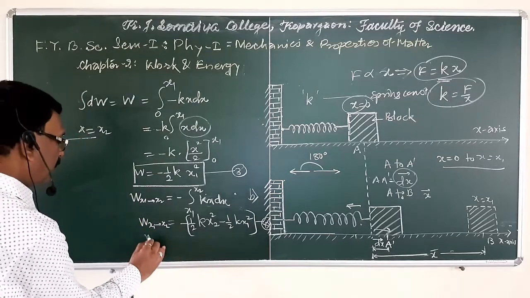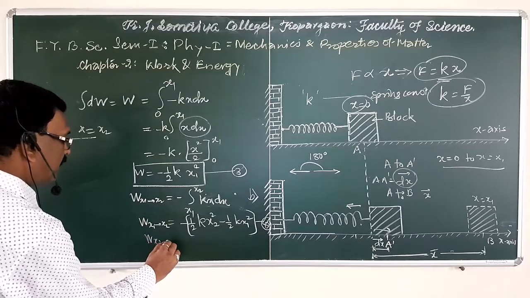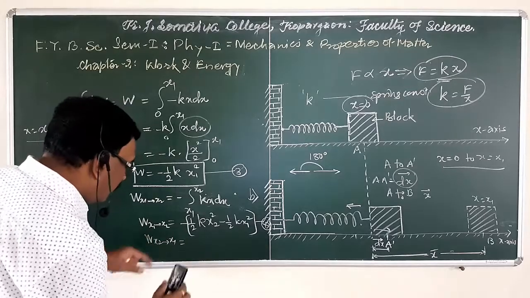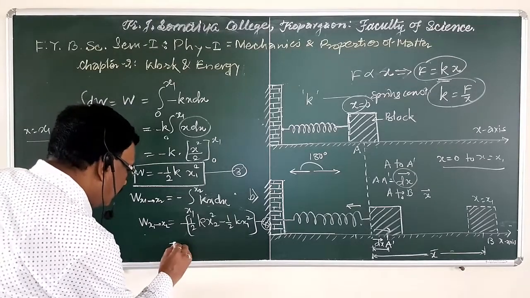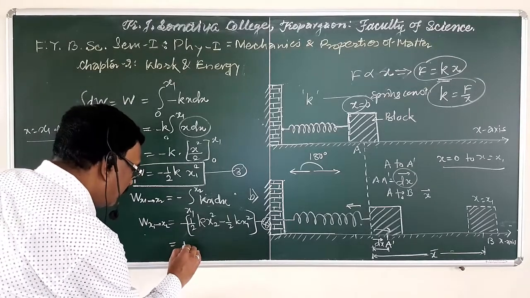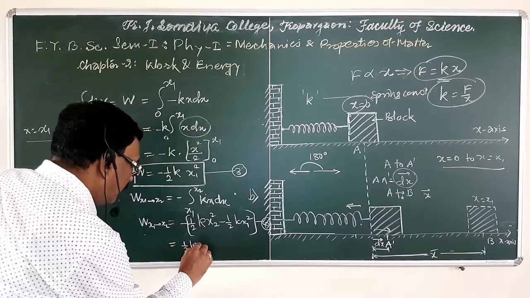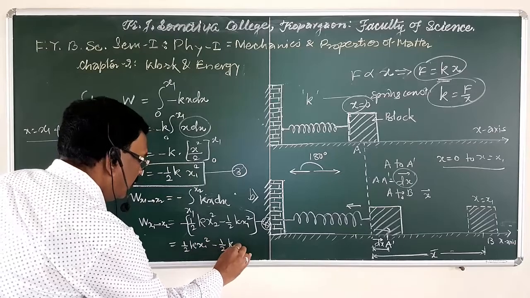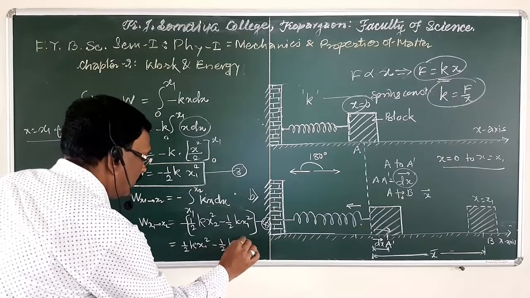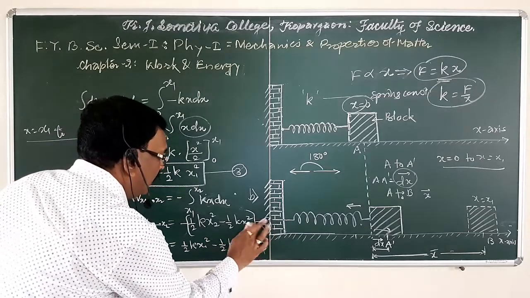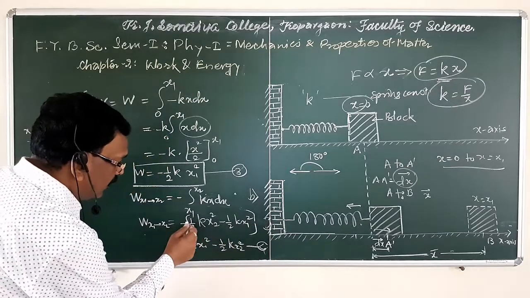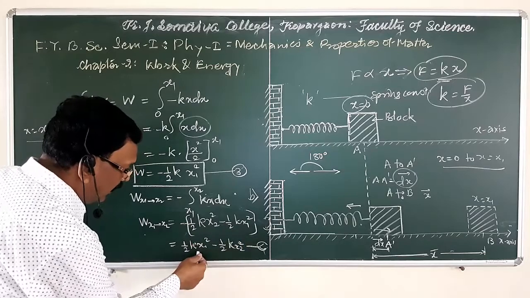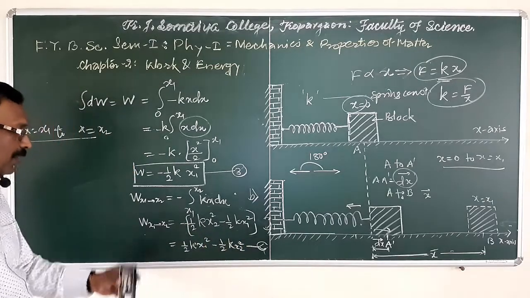It is nothing but W from x2 to x1. Before that, this equation may be written like this: 1/2 k x1 square minus 1/2 k x2 square, and this will be equation 4. What we did here is just take the minus sign in: minus plus minus and minus minus plus. So we took this term first and this term later, therefore equation 4 came.